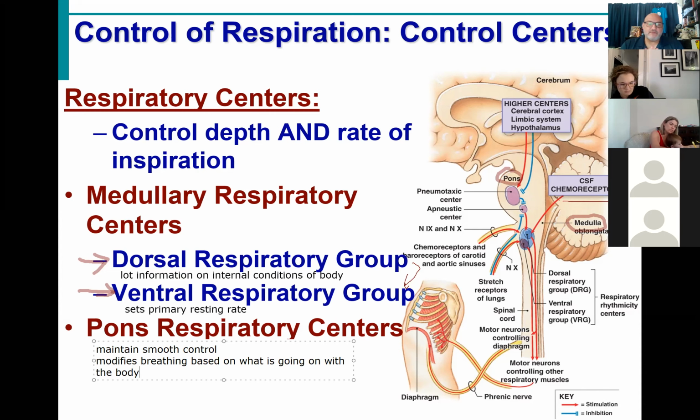If you're hungry, or if you are consciously deciding that you want to speak. Obviously, changing the movement of air so you can produce sound is important. Or you may just like the idea of taking a really big breath. So that voluntary control, that volition we talked about. So basically what's going on with the body, both internally and externally, if you're exercising or if you're angry, those things can influence and modify breathing as well.